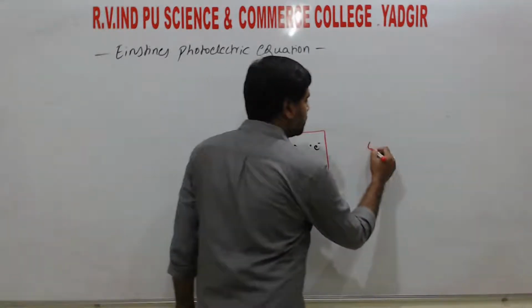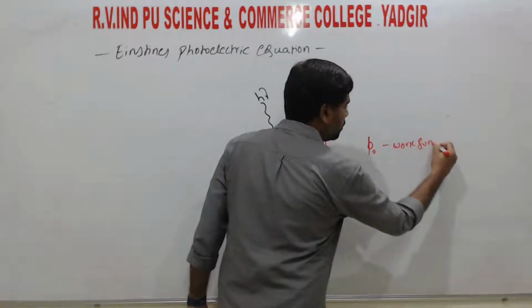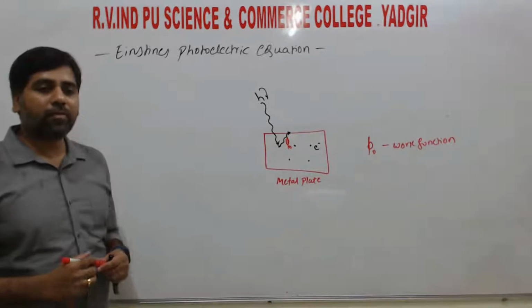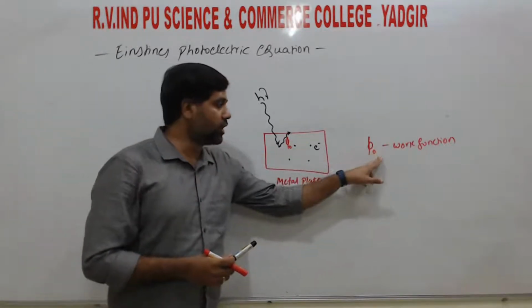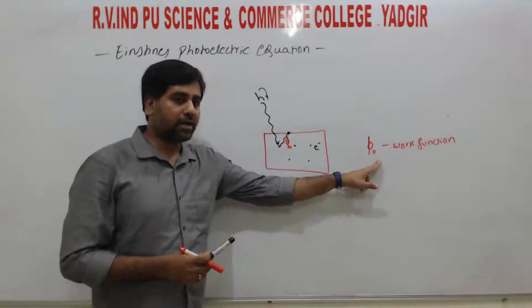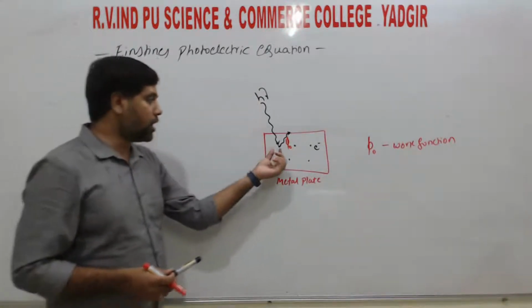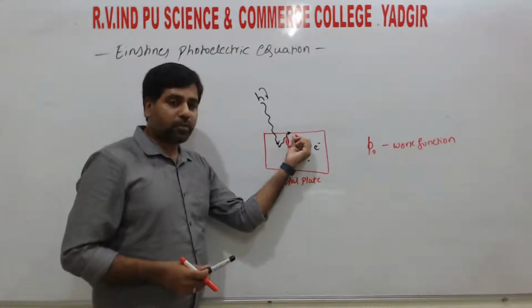So what is phi naught? Phi naught is called the work function. So what is work function? The minimum energy required by the electron to escape out from this metal surface. That energy we call the work function, right? So out of this energy h nu, some part of the energy is utilized to escape out from this surface.